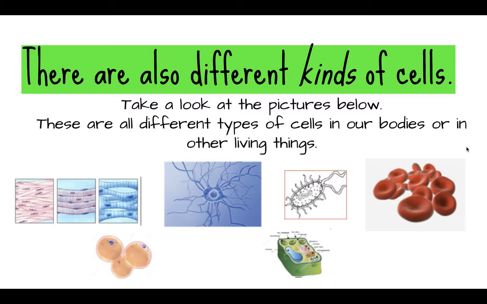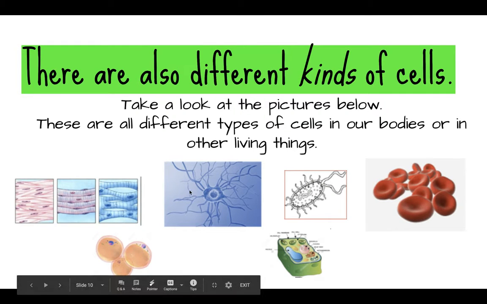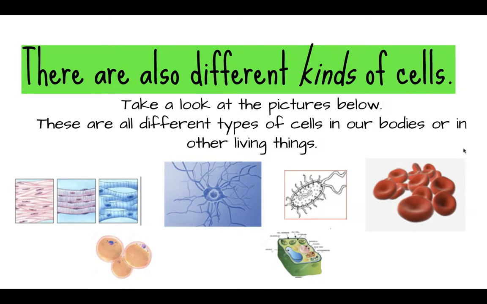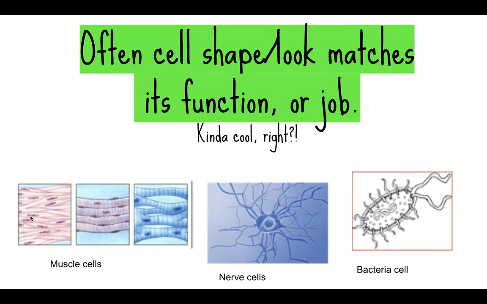So there are different types of cells. If you look, we've got muscle cells, fat cells, these are nerve cells. This is a bacteria, a plant cell, blood cells. And what's super cool is that all of these look like what they do. So muscle cells are really long and skinny, and they're able to contract and extend so they can get longer and skinny and fat.